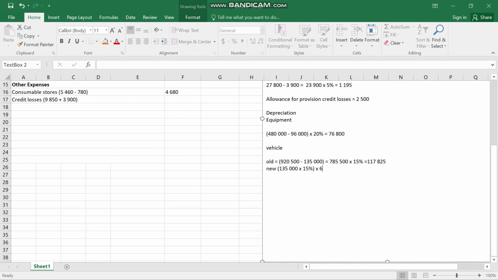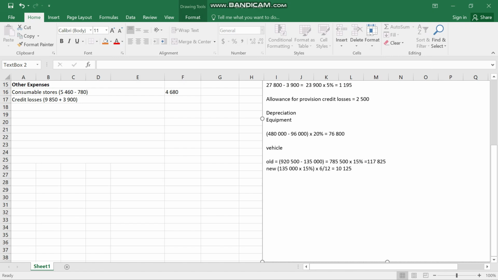It has only been in our possession for 6 months, because we bought it in January 2021 and our year ends in June 2021. So you have to do it like that. Then it gives you the amount for our new vehicle.